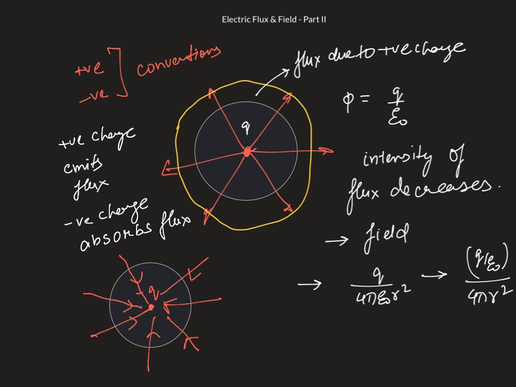And if it is a point charge, how much flux does it absorb? It absorbs the same amount of flux, and that same amount of flux is q by epsilon naught. So intensities work both ways, and that is why the field for a negative charge is going into the charge, because the flux is actually being absorbed by the negative charge.